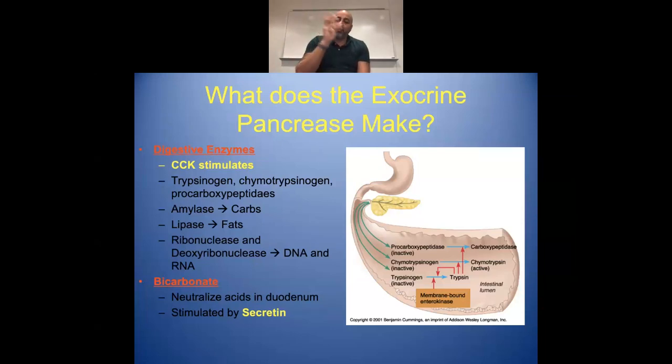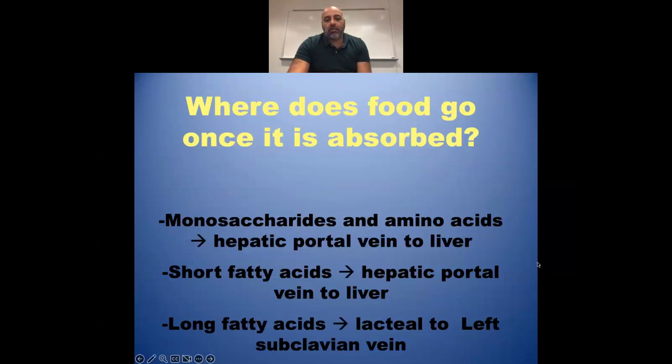We can produce our own nucleotides, which are the building blocks for RNA and DNA. Why not just take it from your diet? So when you break this down to the nucleotides, like say you eat a vegetable and you break down the DNA inside of it, you actually can break it down to nucleotides and recycle it into your own DNA. Actually, when you're building new cells, building new DNA from your diet, you can build those structures. Okay. And then bicarb, we've talked about this, and that is for neutralizing the chyme acid that's coming in.